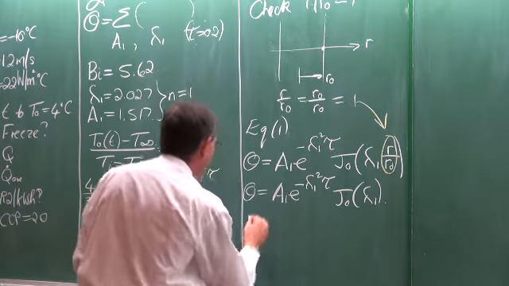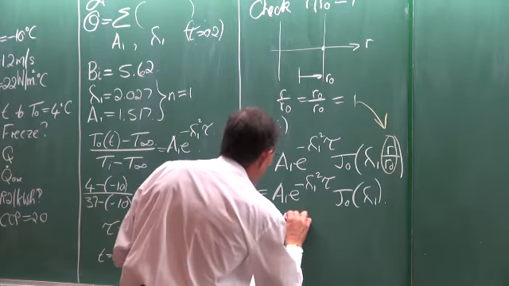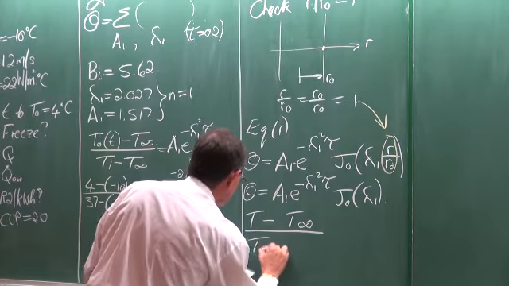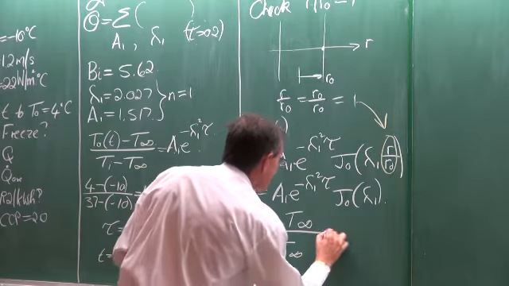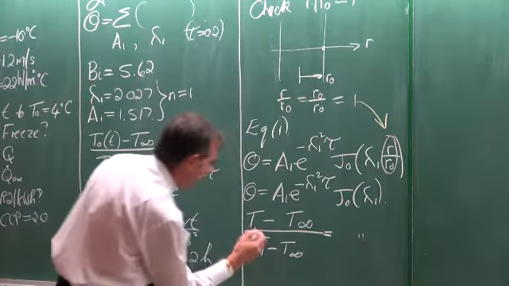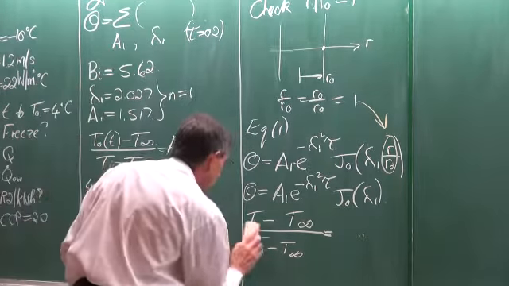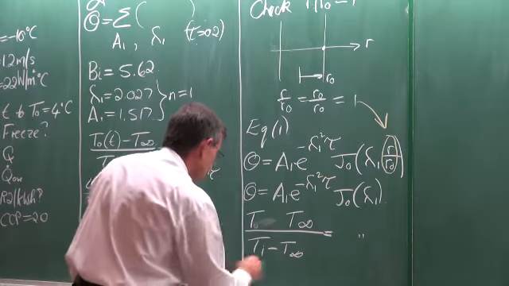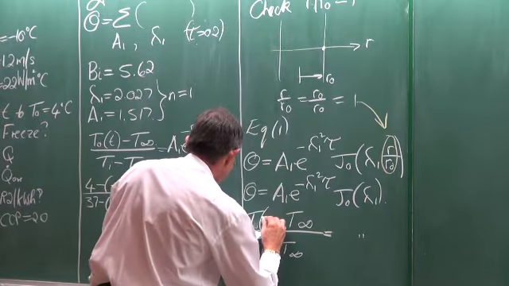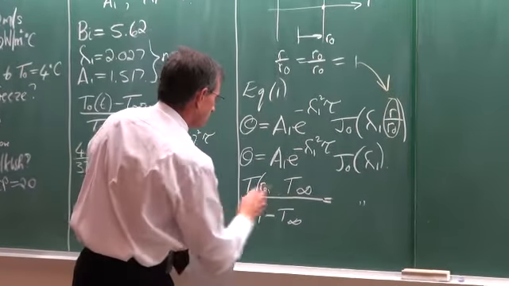And this temperature, in terms of the definition, is the temperature minus T infinite divided by Ti minus T infinite, which is equal to all those terms. And this is now not the center temperature, the temperature at R0 as a function of time.